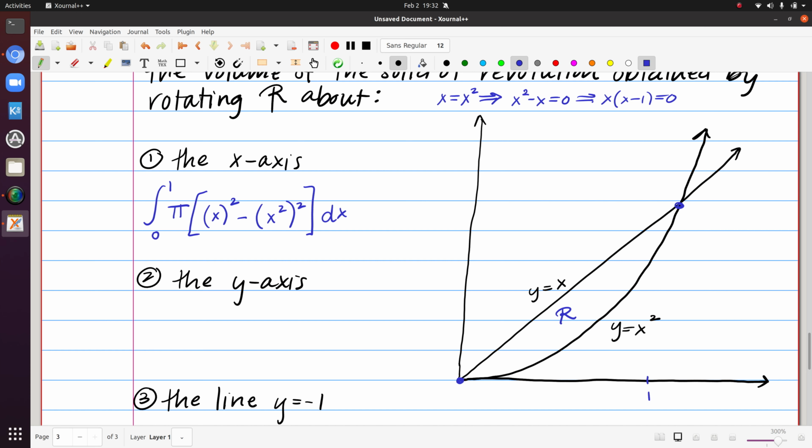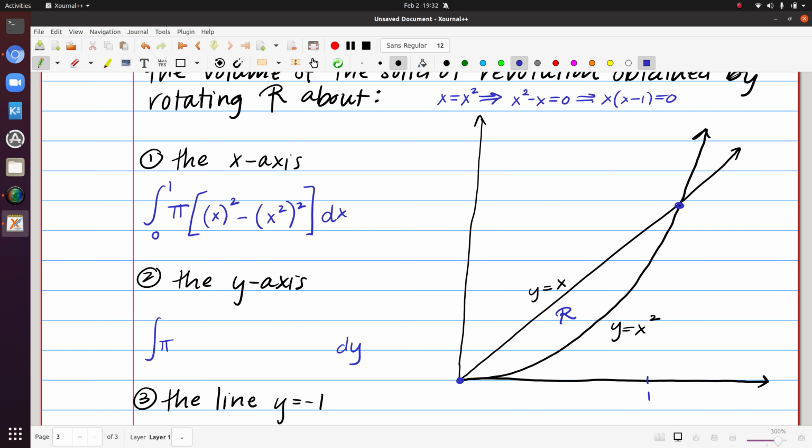What if instead I rotate about the y-axis? So that's a vertical axis of rotation. The important thing then is I know right off the bat that I'm going to integrate against dy. We're going to have pi. And because there's a gap between the region and the y-axis, it's going to be a washer. So we have to think of a couple things.